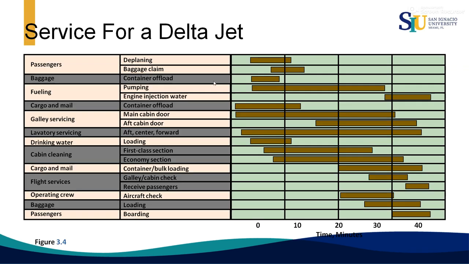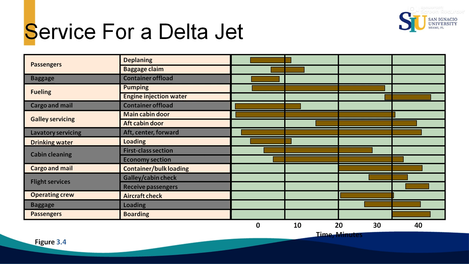For instance, in the case of a Delta jet, when the plane arrives at an airport, the passengers have to deplane, then you have to fuel the plane, because the plane is going to leave maybe in half an hour for another destination. Then the engine injection water, offloading the container and the cargo, servicing the main cabin door, the lavatory servicing, the drinking water, cleaning the cabin in first class and economy sections.